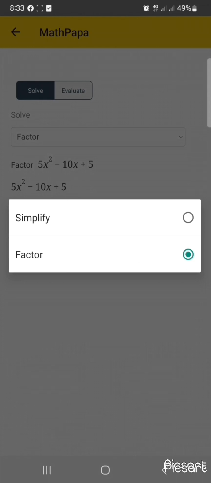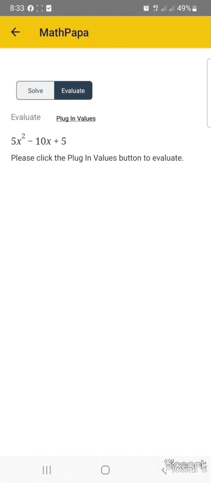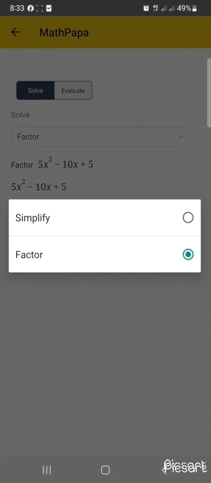So you have options here for what you want to do with this quadratic polynomial. You will either solve or evaluate. You can also do that, or you can factor or simplify.